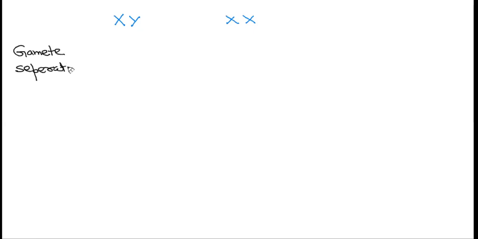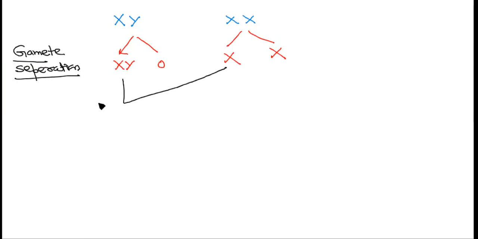In each and every process, the first step is gamete separation. Suppose during the crossing over, XY stays as a whole, while XX gets segregated like this. In that case, what will happen when XY fuses with X? XXY.